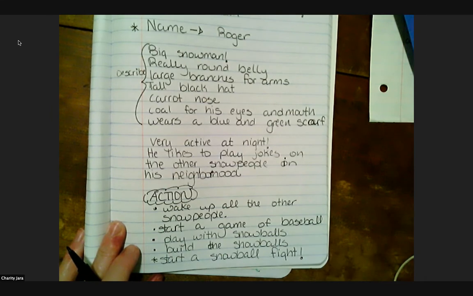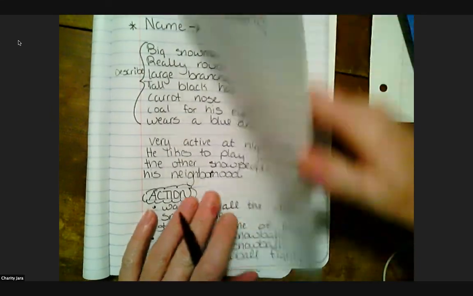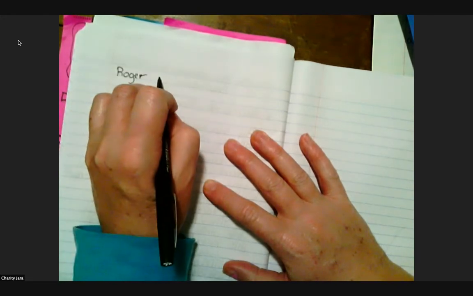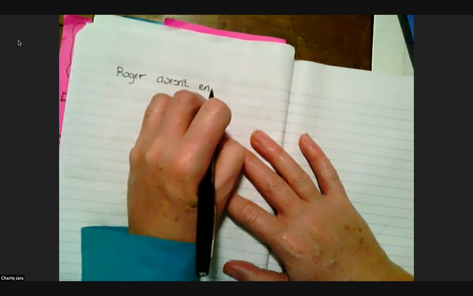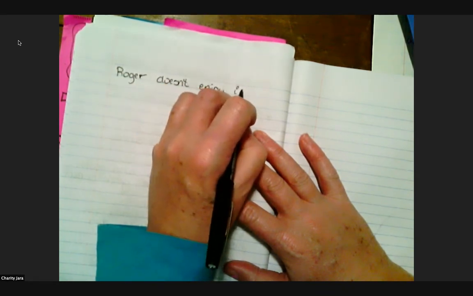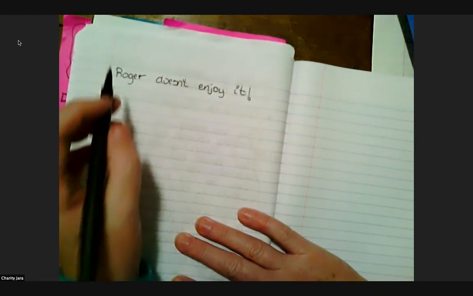He's going to trick all the snow people and start a snowball fight. However, guess what? The little problem for Roger is that he starts getting hit. Okay, so Roger doesn't like being whacked with snowballs.